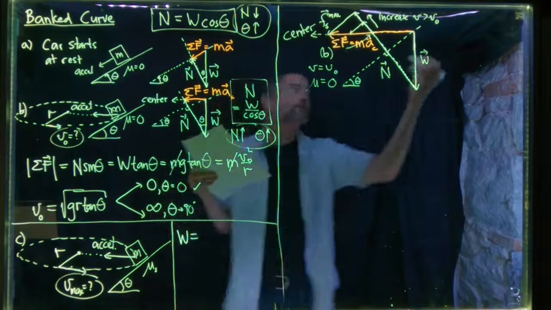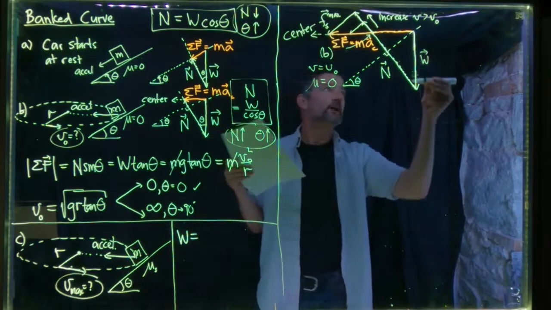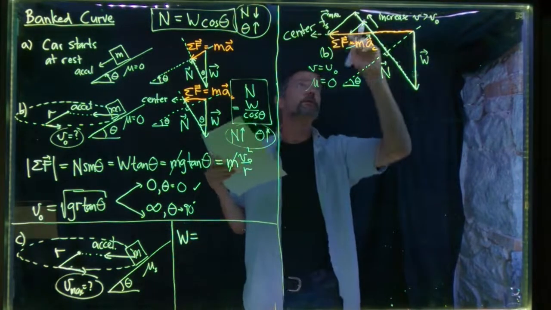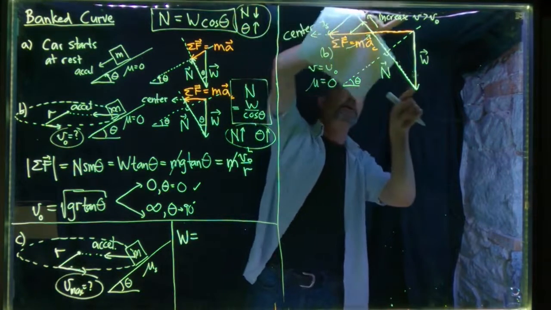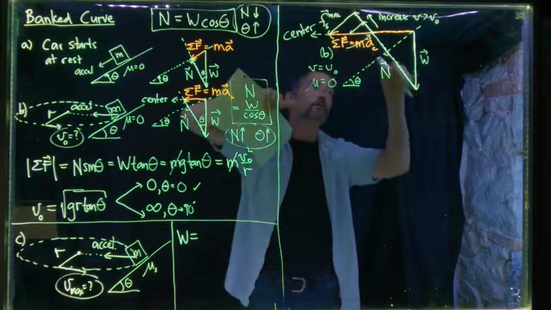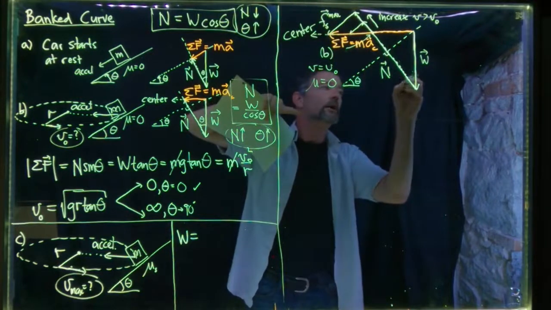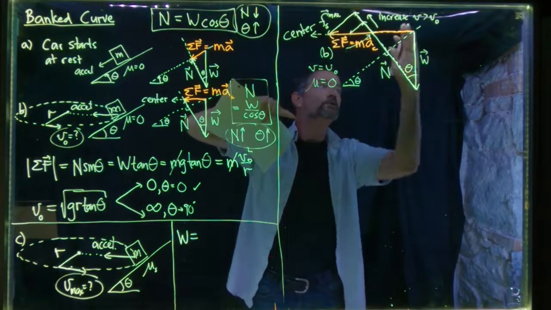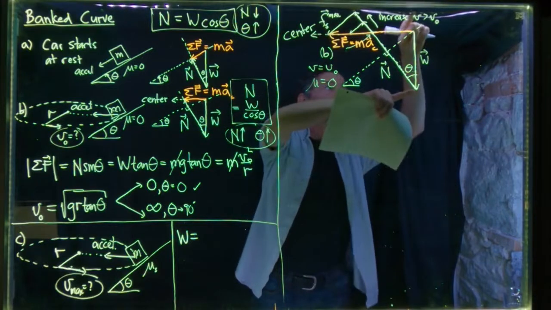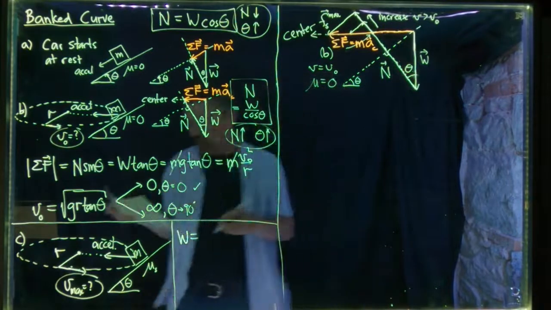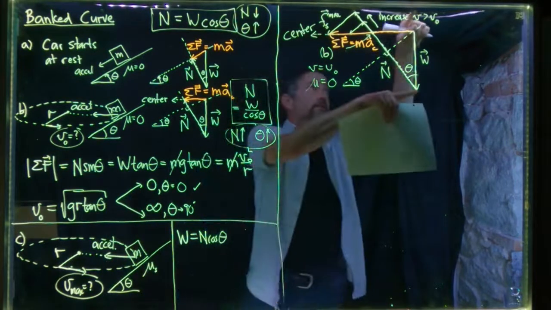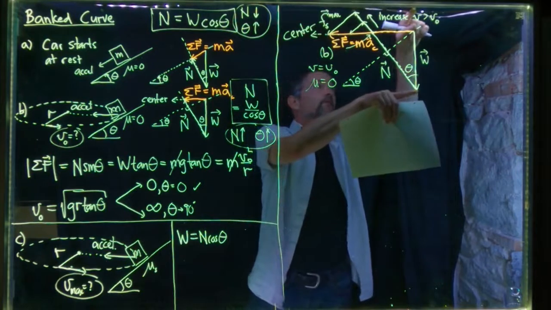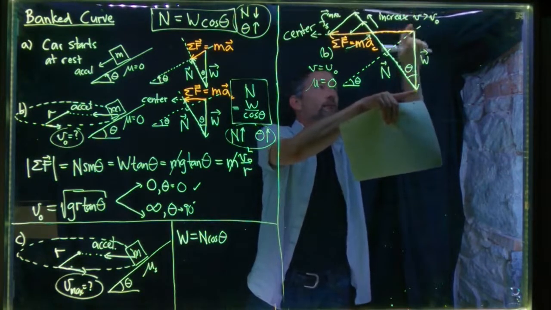Anyways, weight. So the weight here, what's the length of that side of the triangle? Well, it's the length of this whole thing from here to here. Okay, and so it's the hypotenuse, the normal, times cosine of angle theta, will take us from here to here. Okay, so that's normal times cosine theta. That's that distance. Okay, and then we want to subtract that little distance, and that will give us the weight.